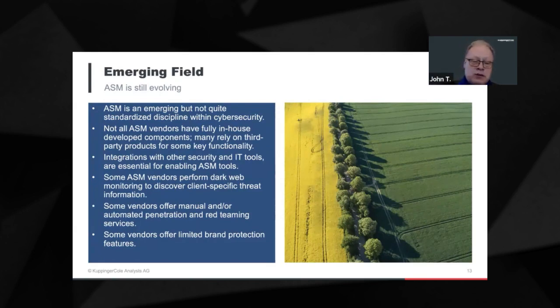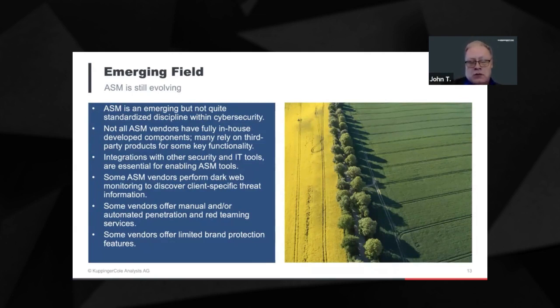As I mentioned, integrations with different kinds of security and IT tools, that's really essential for enabling ASM, CAASM especially. Some do the dark web monitoring if you think that's important to your organization. When you get into KC Open Select, that will become clear which ones have those kinds of capabilities.